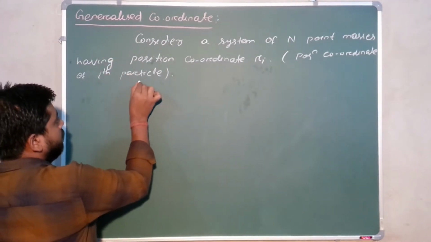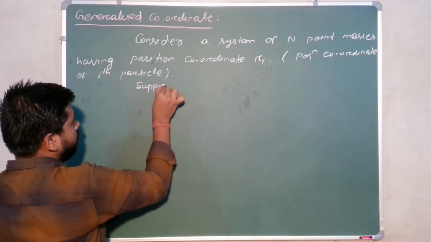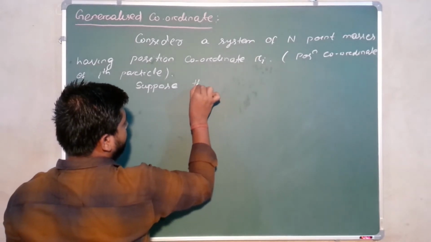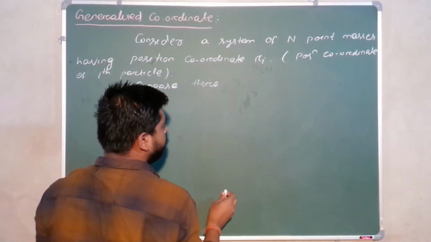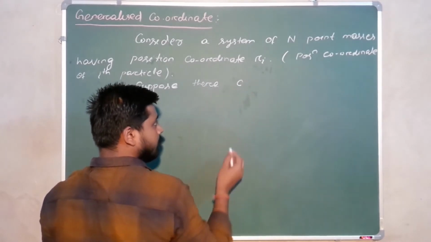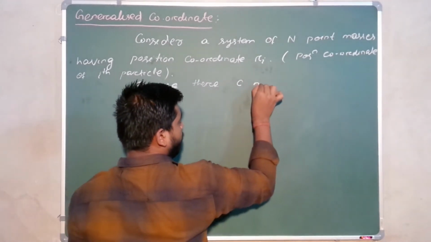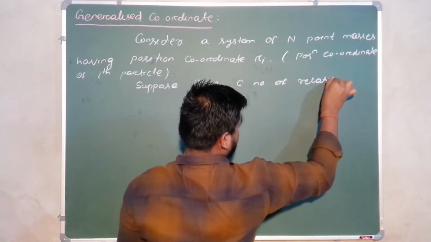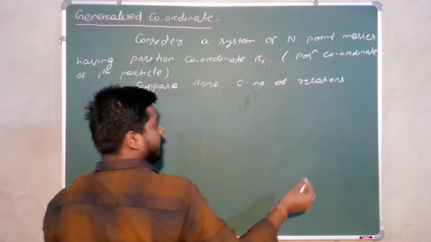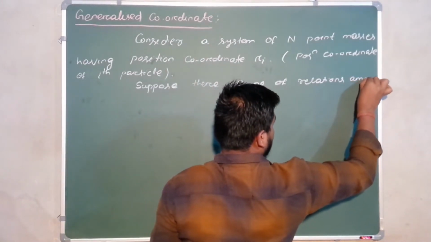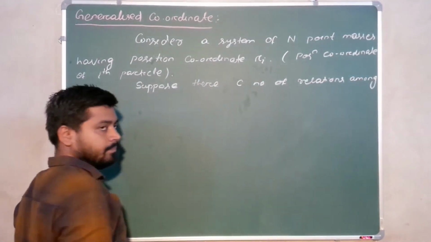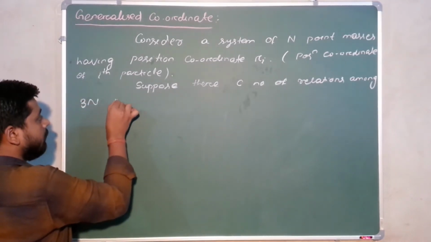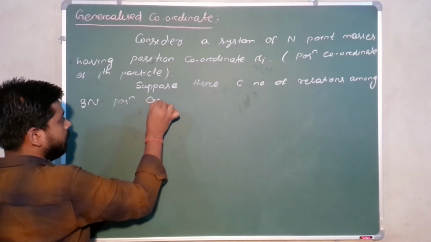Suppose there are C number of relations among the 3n position coordinates.